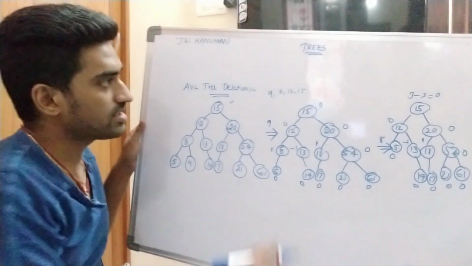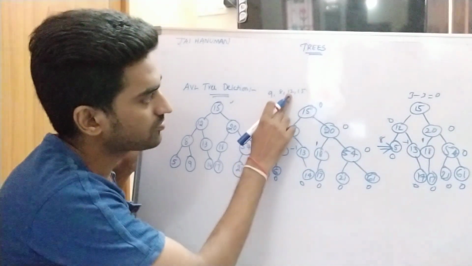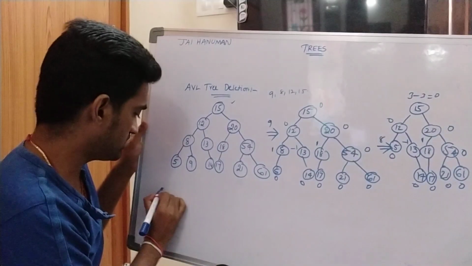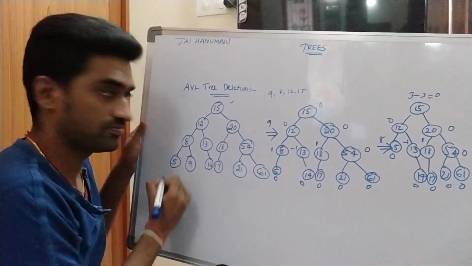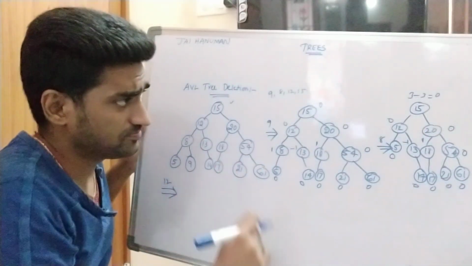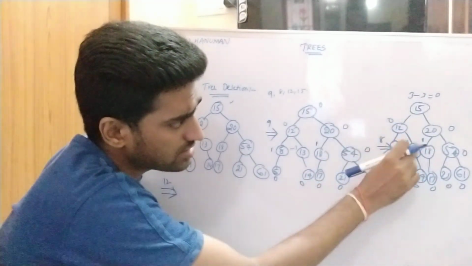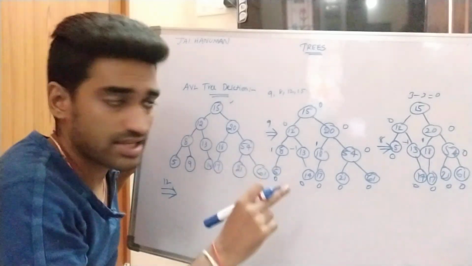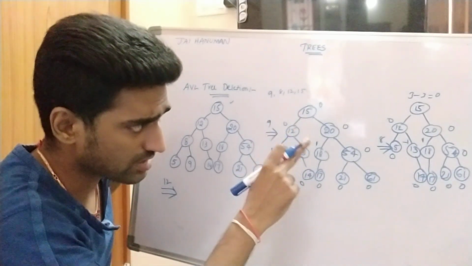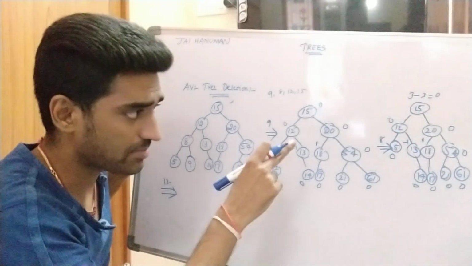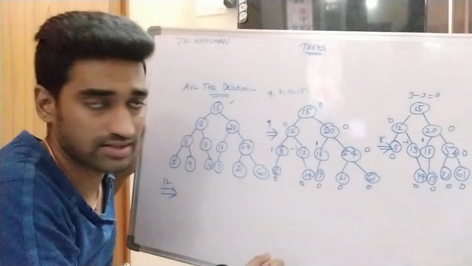Then what is the next case? Delete node 12. So in this tree, I want to delete node 12, right? So in this tree, a node which contains 2 children. In this case, that node is replaced by the maximum of left children or the minimum of right children, right?